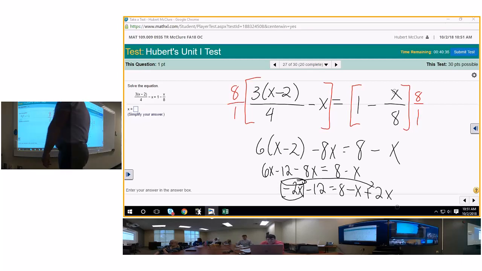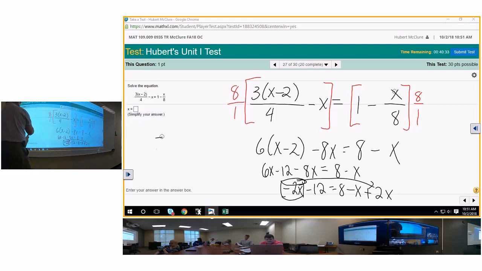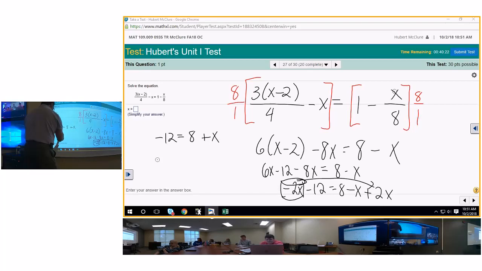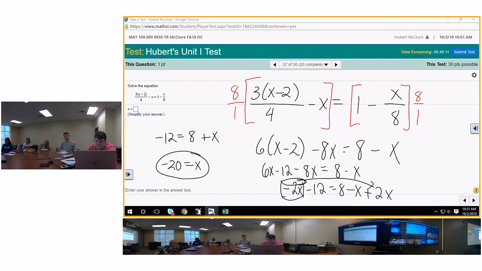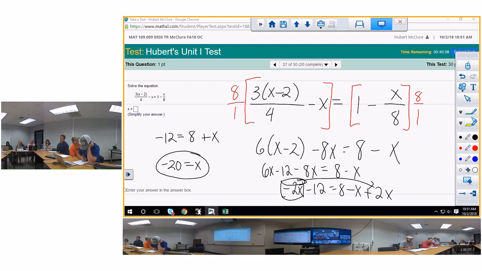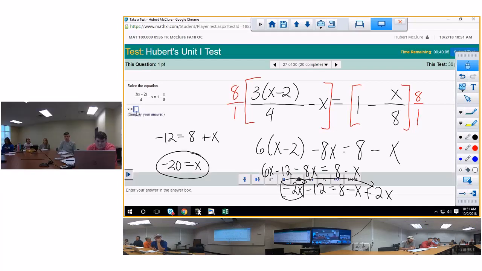What's negative 8x plus 2x? Then move the 12: x equals negative 20. So that's going to be negative 20.